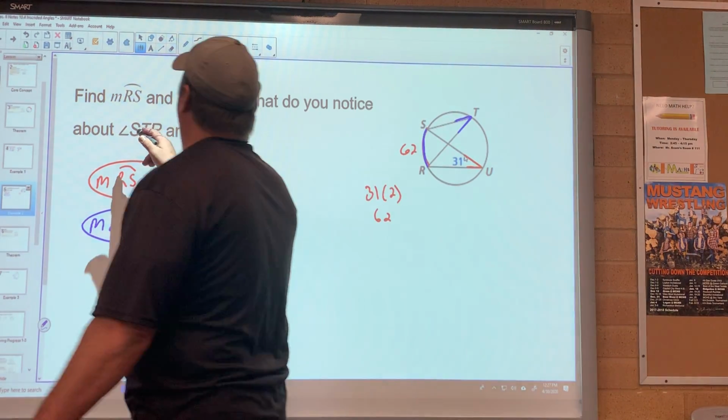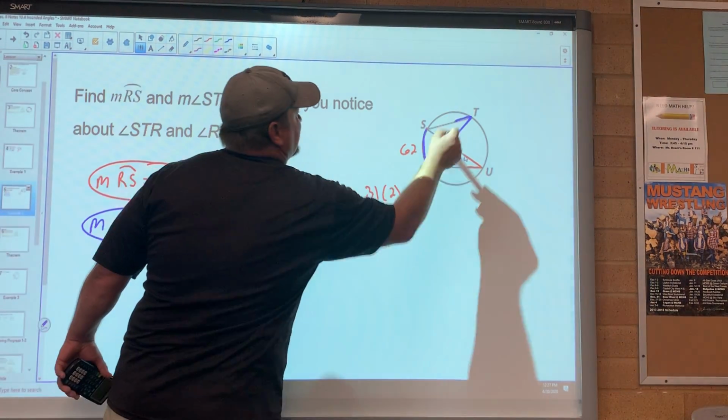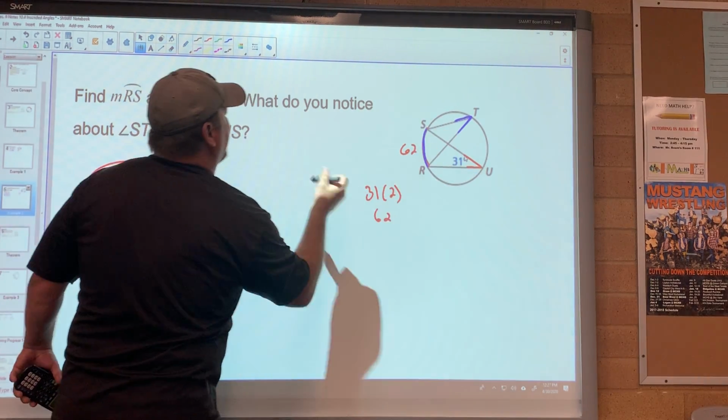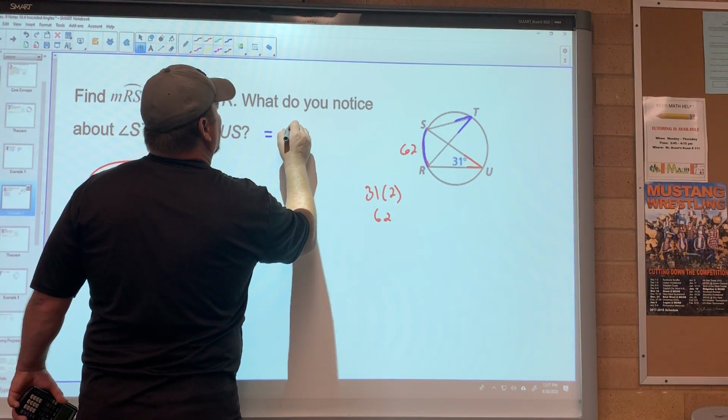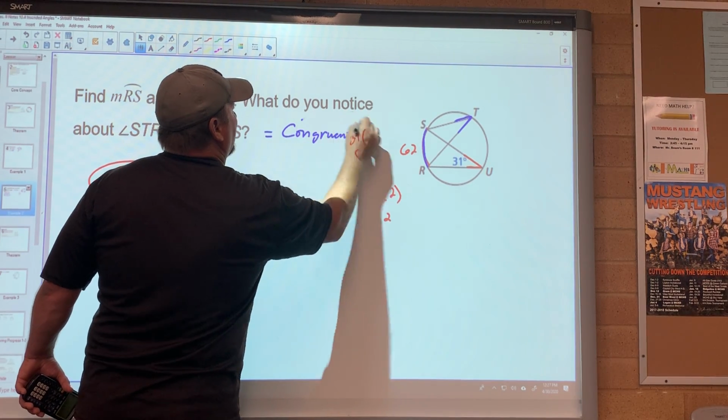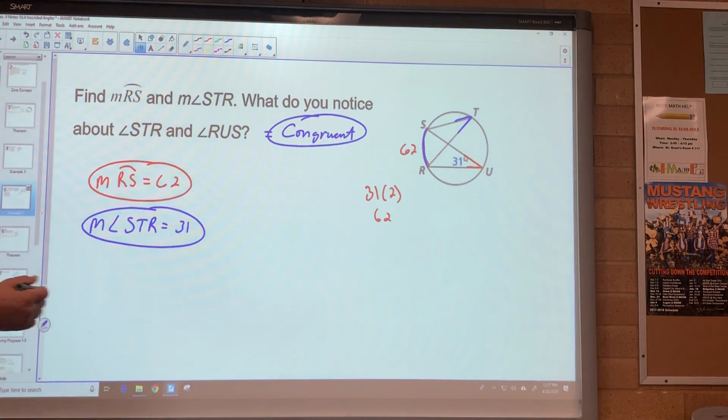So what do we notice about STR and RUS? They are congruent. They have to be. And that's what this next little slide is going to tell us.